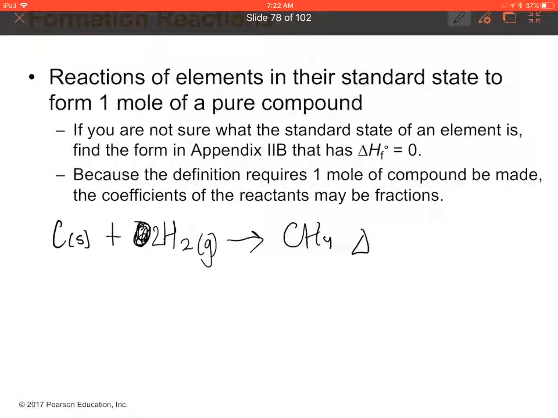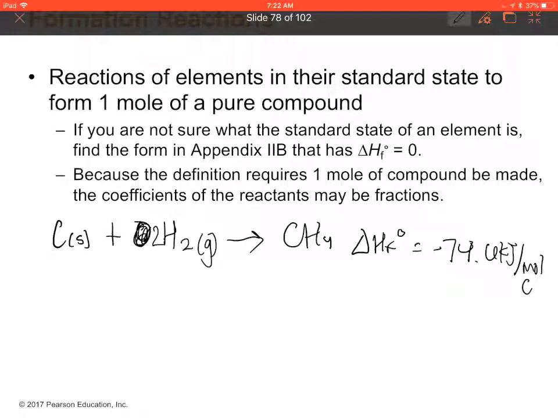And our heat of formation equals negative 74.6 kilojoules per mole.